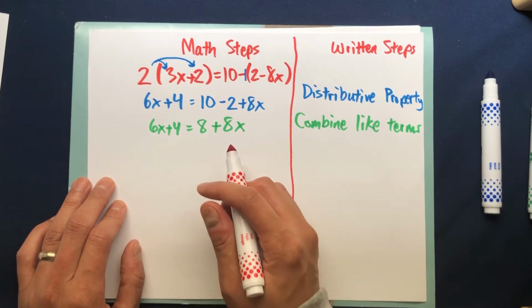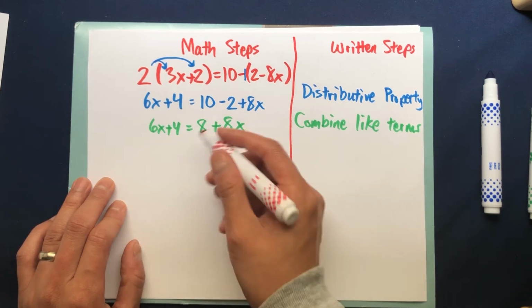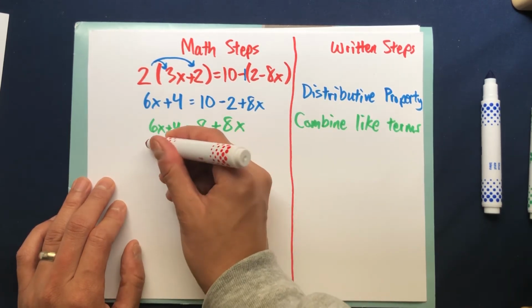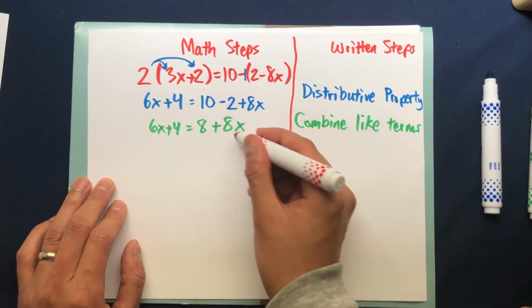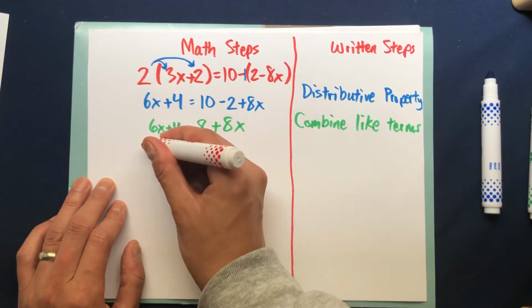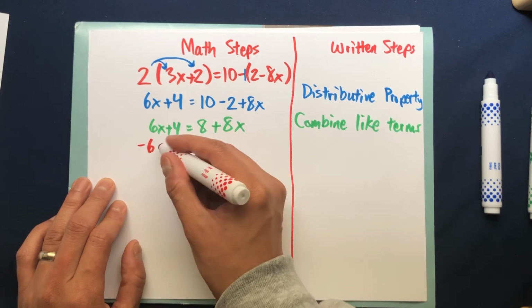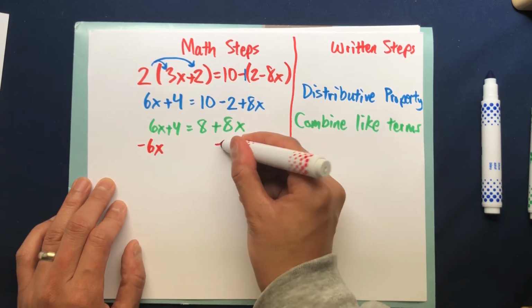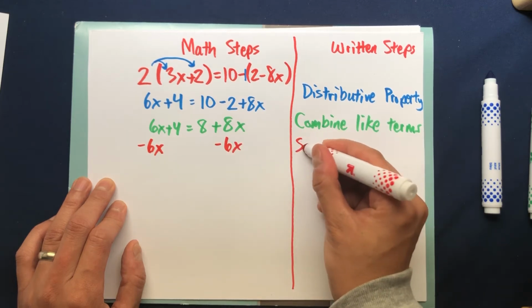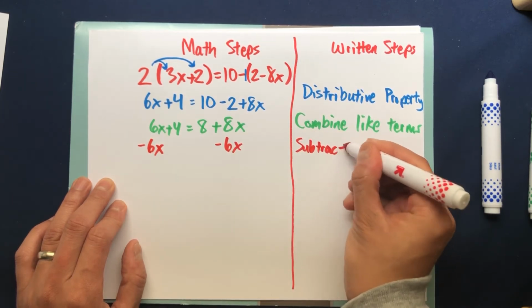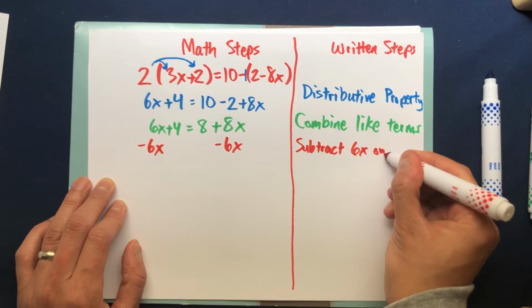It doesn't matter what side you want your variables on. I'm going to have it on the right side in this case. So I'm going to subtract 6x on both sides. And we know we're subtracting because we're trying to do the opposite of positive 6x, which is negative 6x. So subtract 6x on both sides.